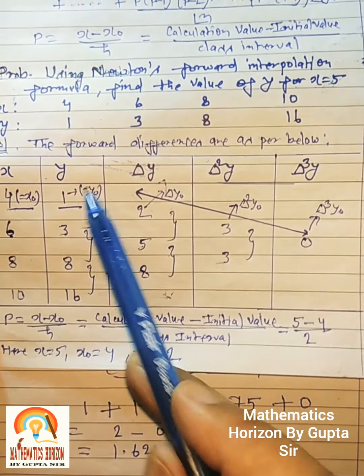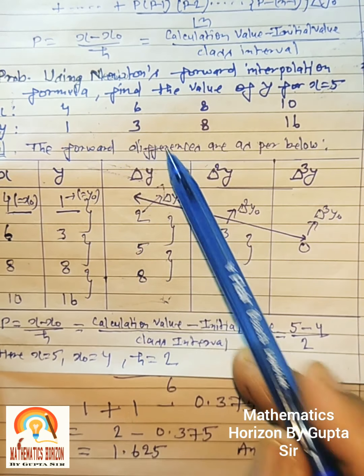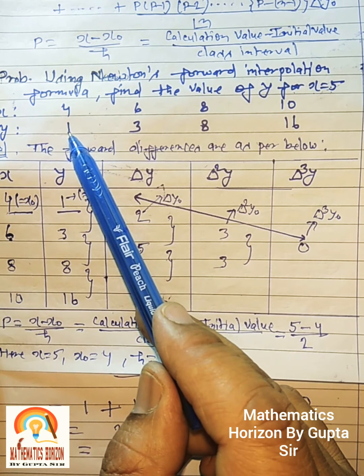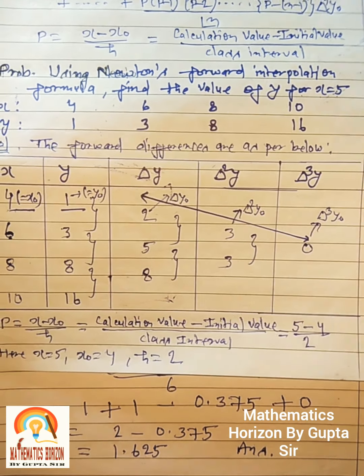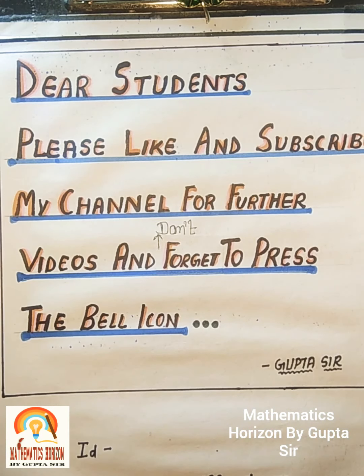This is the value of y when x equal to 5. When x equal to 4 it is 1, and when x equal to 5 it is 1.625. I think it is clear to all of you.